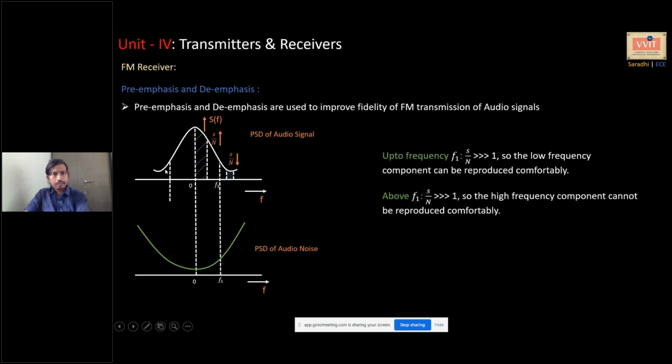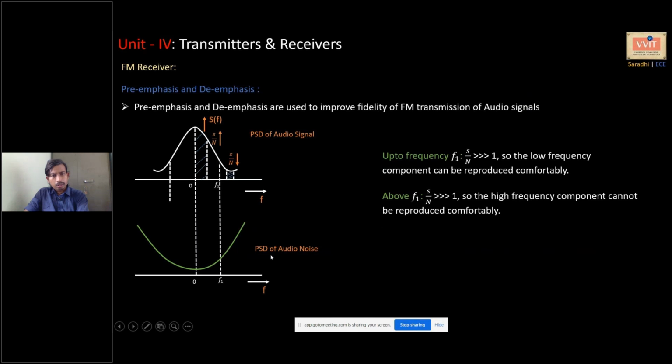This is the received spectrum, where signal strength is low at higher frequencies beyond f1. Suppose f1 is some marked frequency greater than fm, beyond which SNR is rapidly falling, but below f1, SNR is good enough in the reconstruction process.